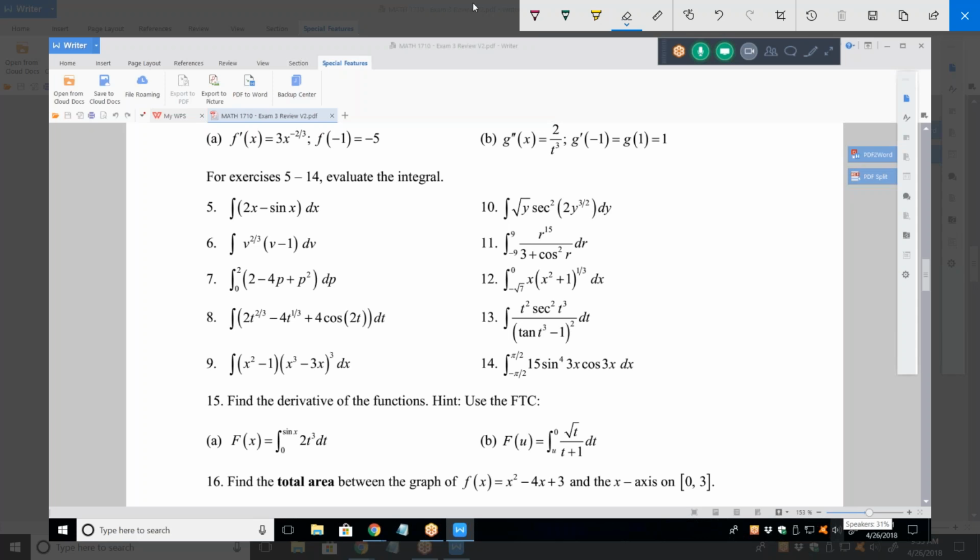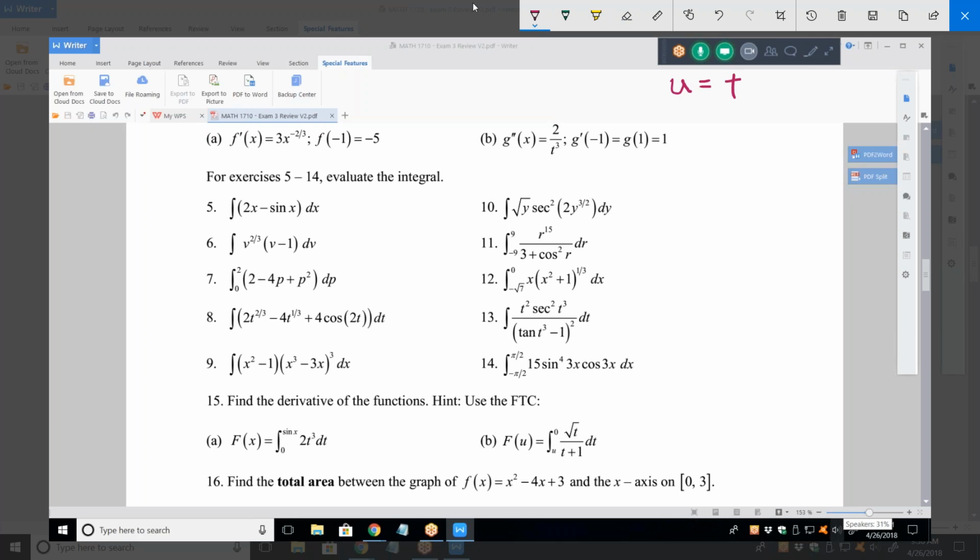Trying to think of why that's in the bottom. Let's start by making U, let's see if we get anywhere by doing this. Making U t cubed.